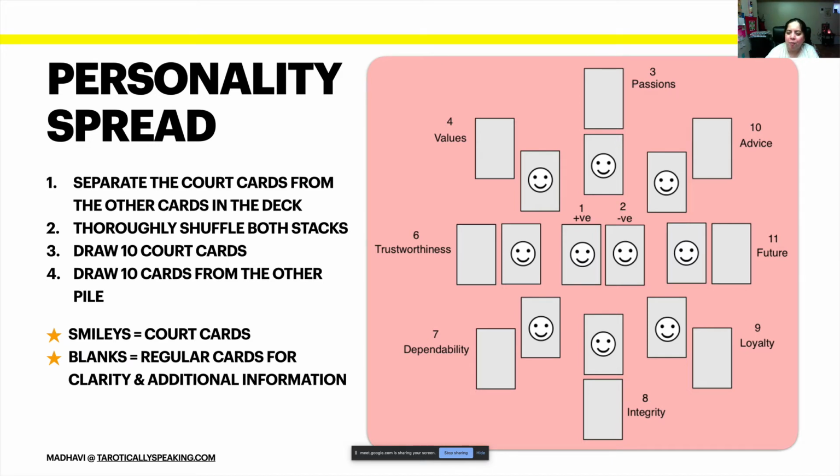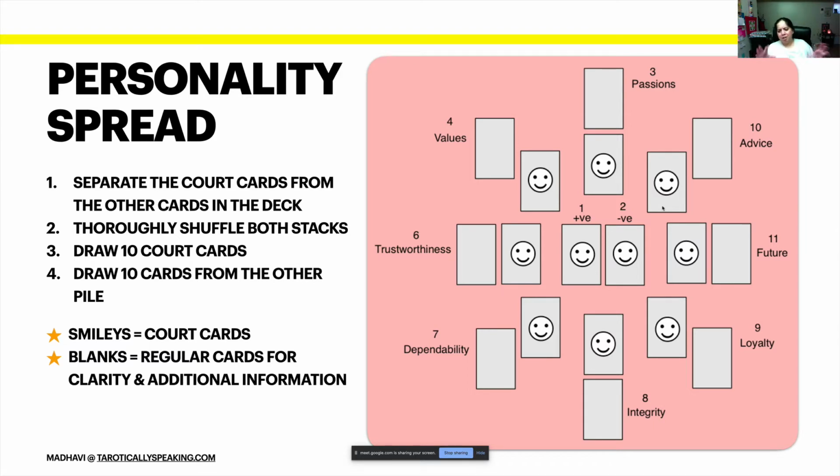So you see the positive and negative traits, and around them we also see different personality aspects, right? You see what their passions are, what their values are, whether they're trustworthy, dependable, what the integrity is about, loyalty. Then this is good: how the future of the relationship will be, and what the advice cards offer, in terms of how you can deal with them.